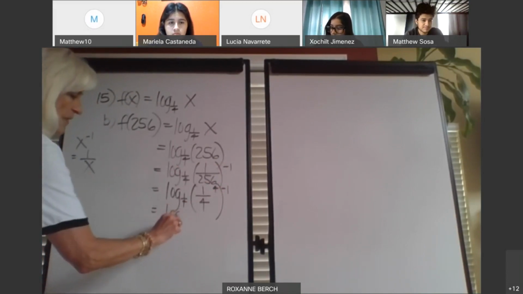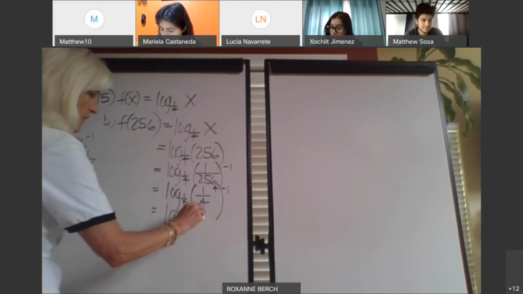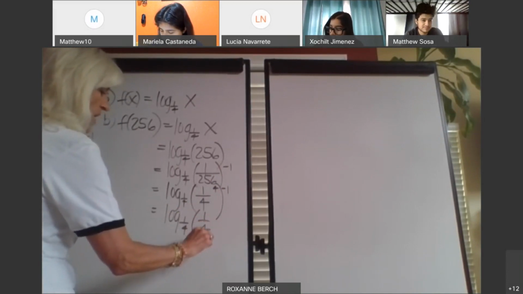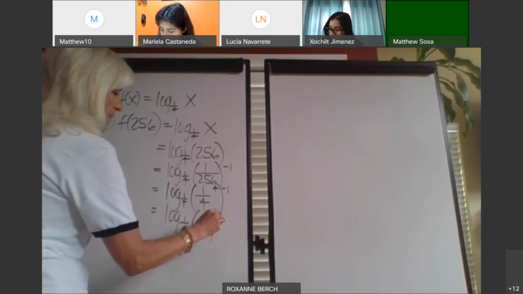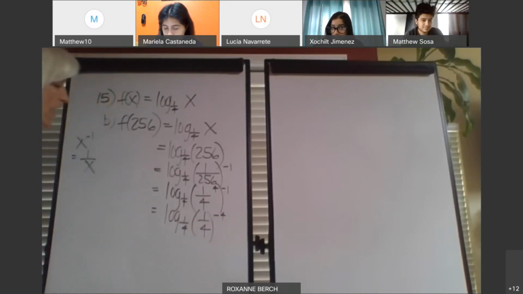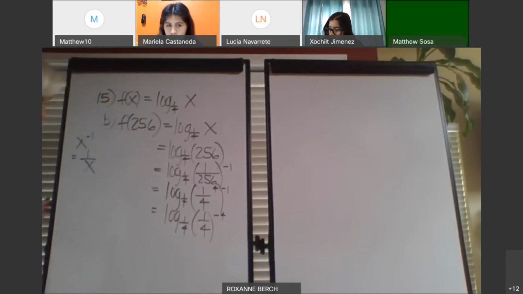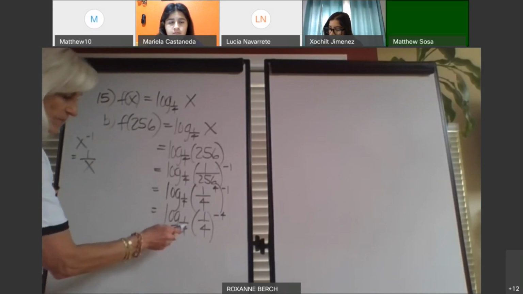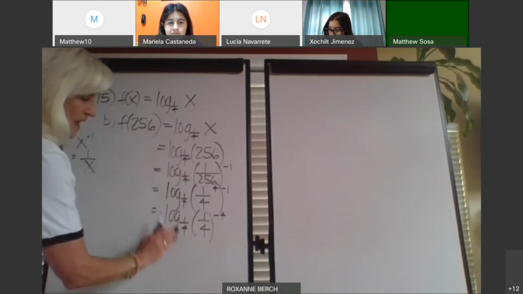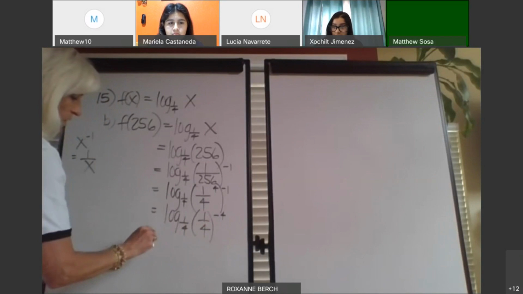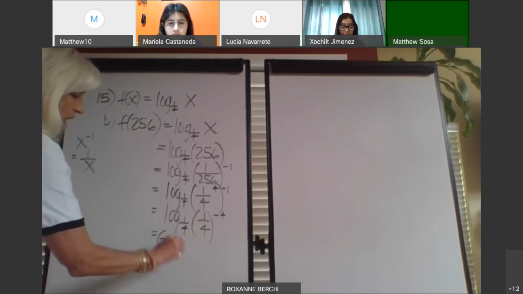Now I multiply the powers, so I get 1/4 to the -4 by using the power property for exponents. Now log base b of 1/4 to the -4 is -4.